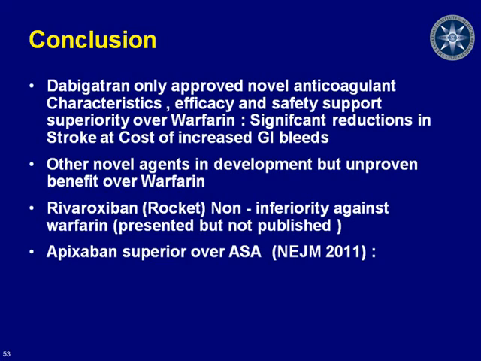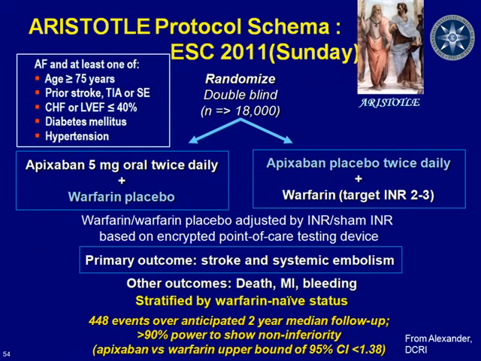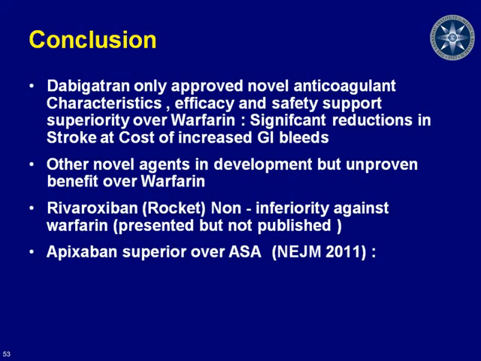Rivaroxaban has been shown to be non-inferior to Warfarin. This data has just been published in the New England Journal. Apixaban is superior over aspirin, also recently published in the New England Journal. And Apixaban was compared to Warfarin in the ARISTOTLE trial.